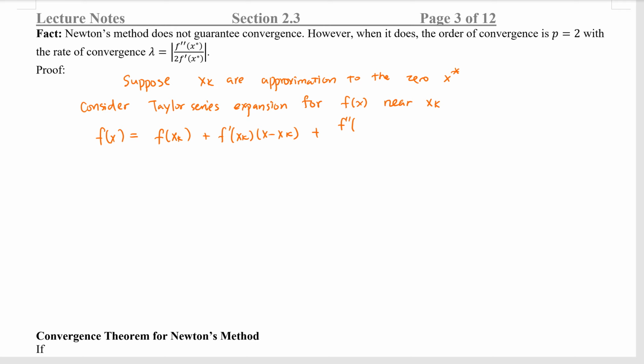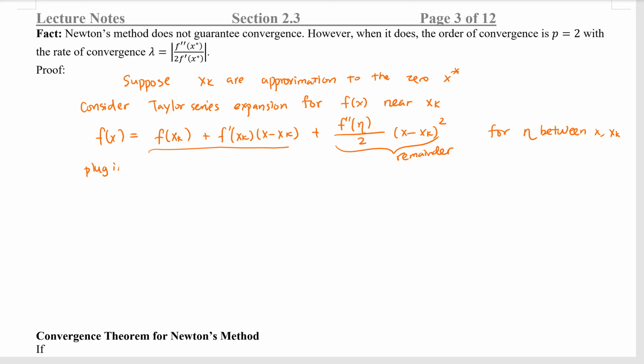Here I just want 2 terms, and then this guy is the remainder. We replace xk by eta, which is between x and xk. So far so good.